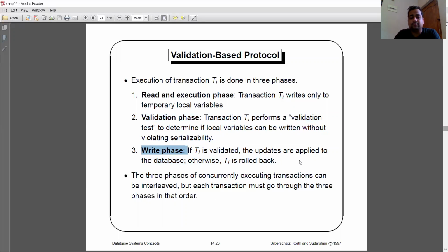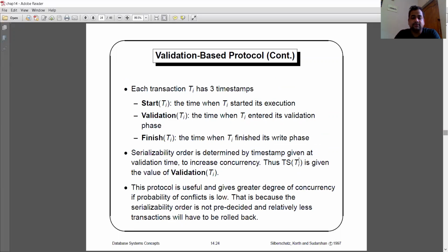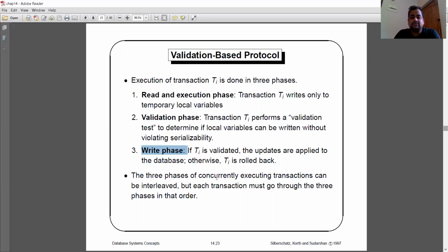Otherwise, we roll back the transaction Ti. Now, these 3 phases of concurrently executing transactions can be interleaved, but each transaction must go through the 3 phases in that order. So all of them are interleaved, but each and every transaction has to pass through those 3 phases: read phase, validation phase, and write phase.